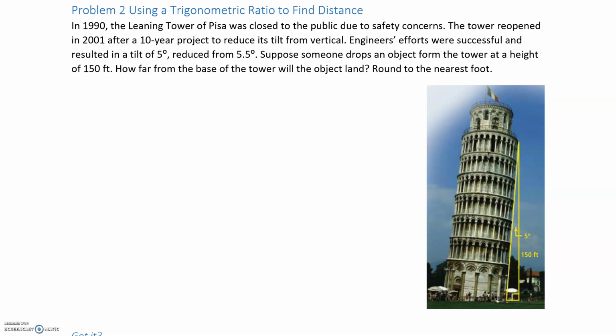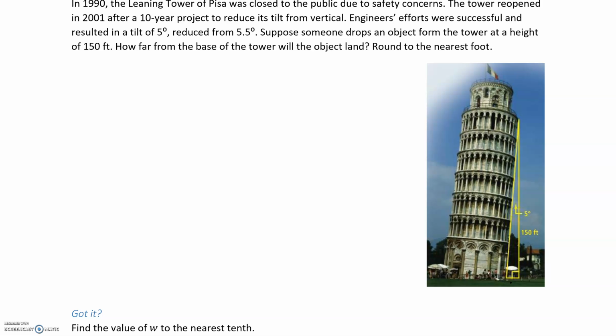The tower reopened in 2001 after a 10-year project to reduce the tilt from the vertical. The engineers' efforts were successful, resulting in a 5-degree tilt reduced from that 5.5 degrees. And we want to figure out how far away the base of the tower is when we let an object fall from the top. So what that means is in this picture, we want to know what this distance at the very bottom is.